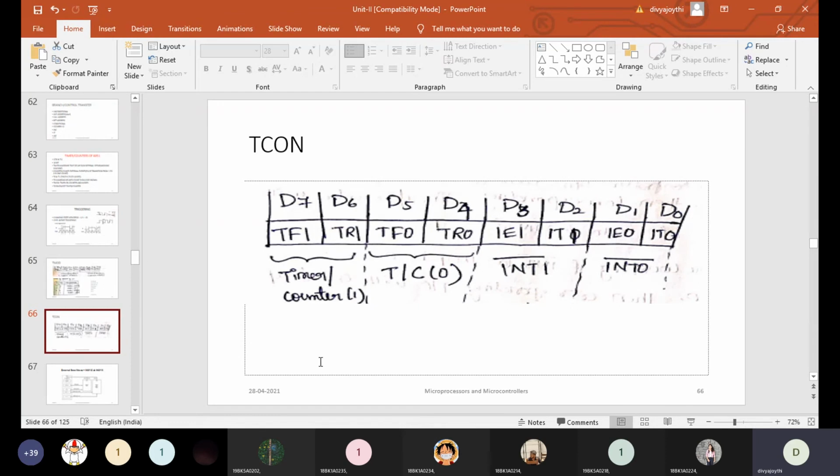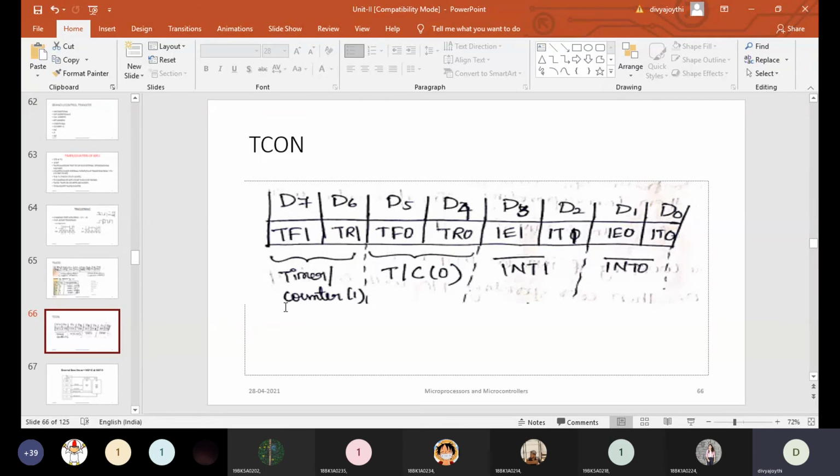If you try to increment above FFFF, which is the maximum value supported by the 8051, then that increment will go and sit in the zeros place. That's the reason this statement comes into the picture. TF0 and TF1 being set means overflow is happening.